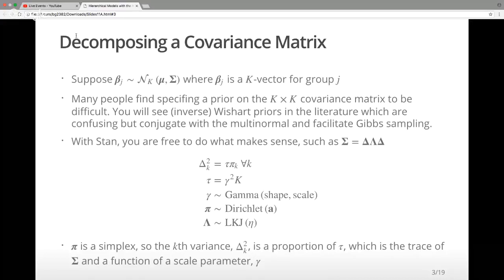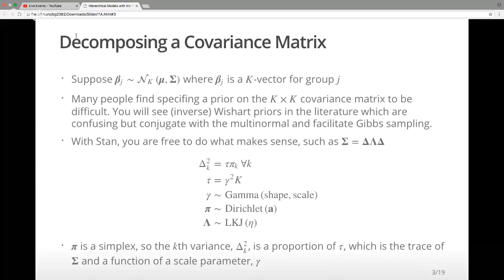And if we can specify priors on the diagonal elements of delta and the correlation matrix lambda, then that implies some beliefs about sigma that are reasonable if our beliefs about delta and lambda are sensible. So to start with, we're going to decompose sigma in this way.